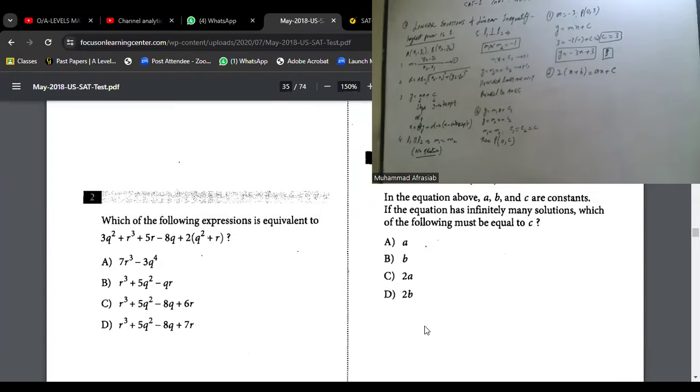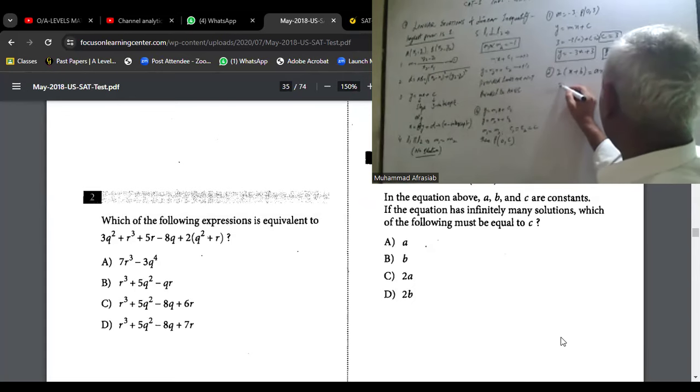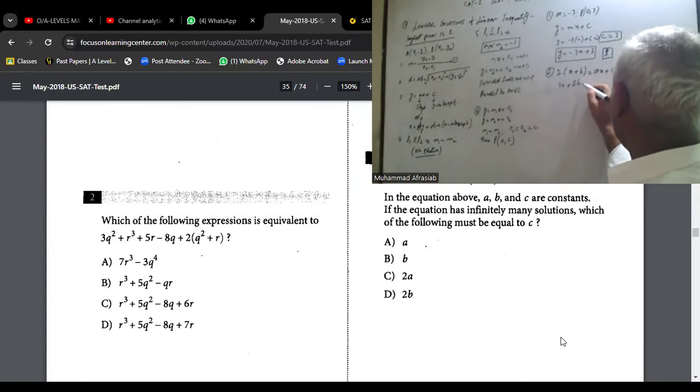In the equation above, a, b, c are constants. If the equation has infinitely many solutions, which of the following must be equivalent to the c value? So we can operate it: 2x plus 2b is equal to ax plus c.